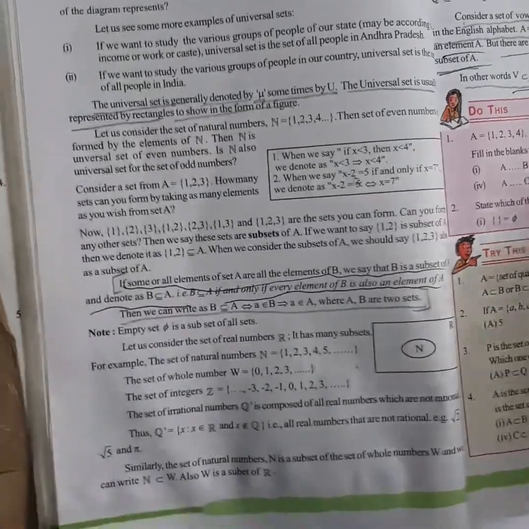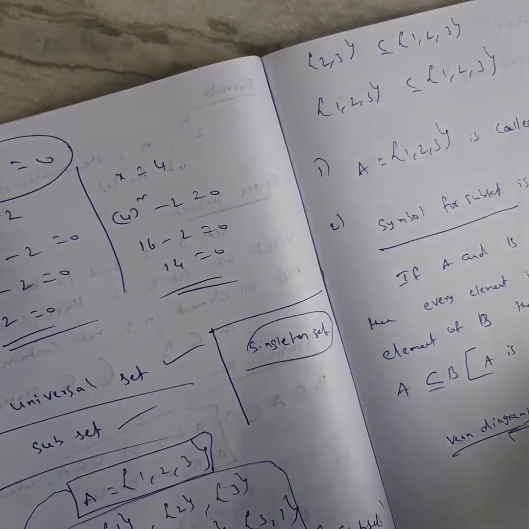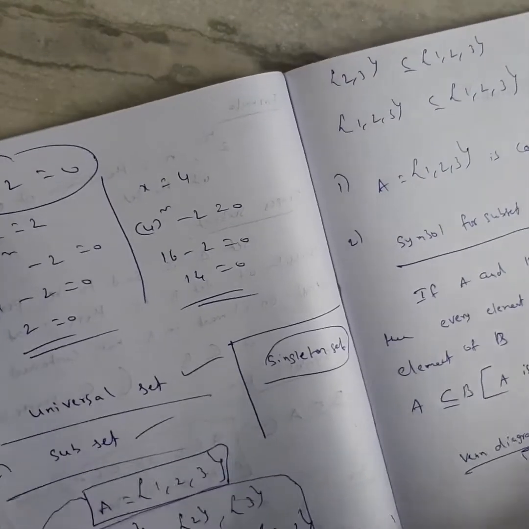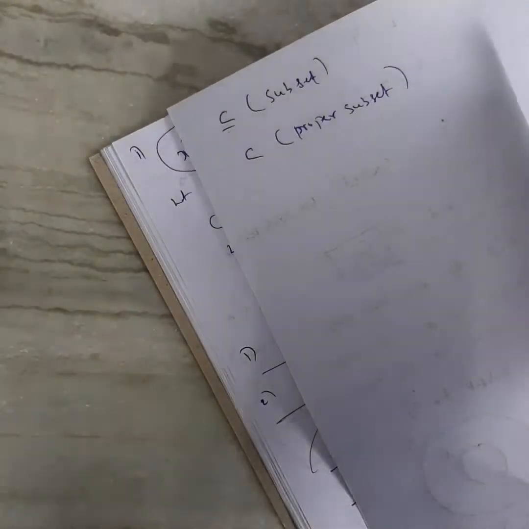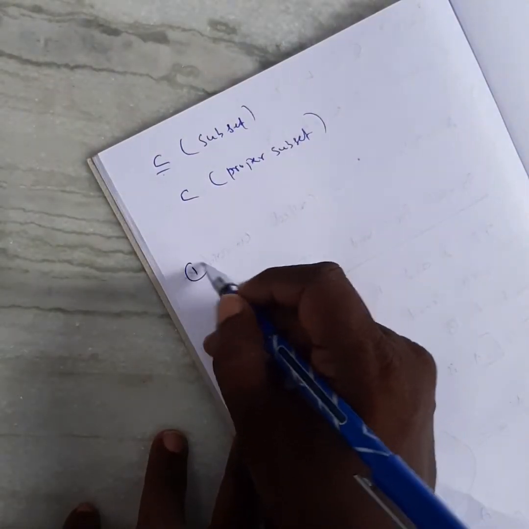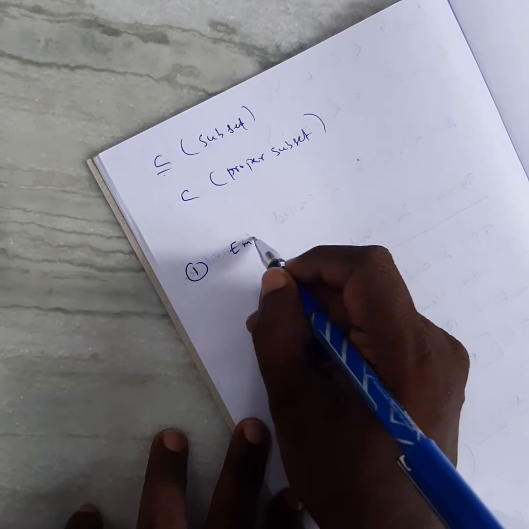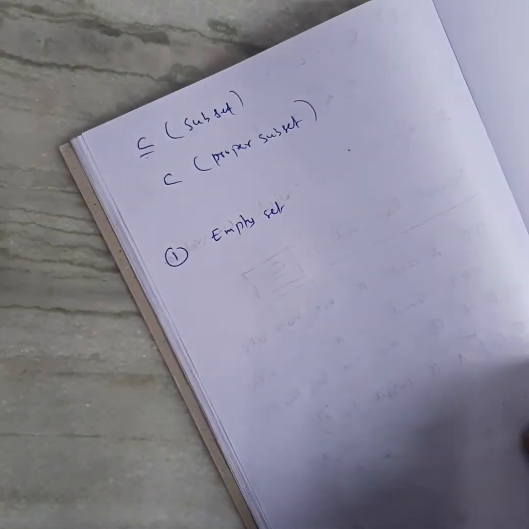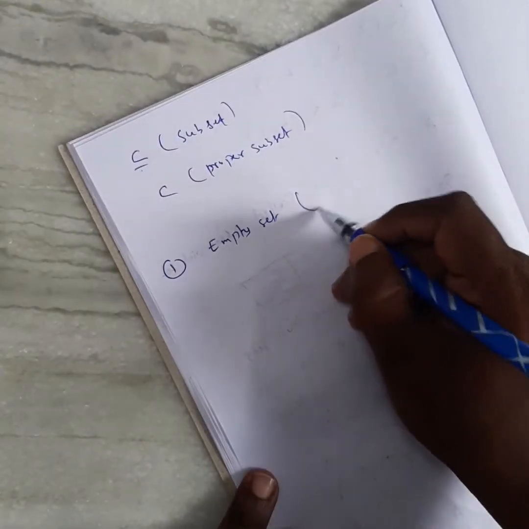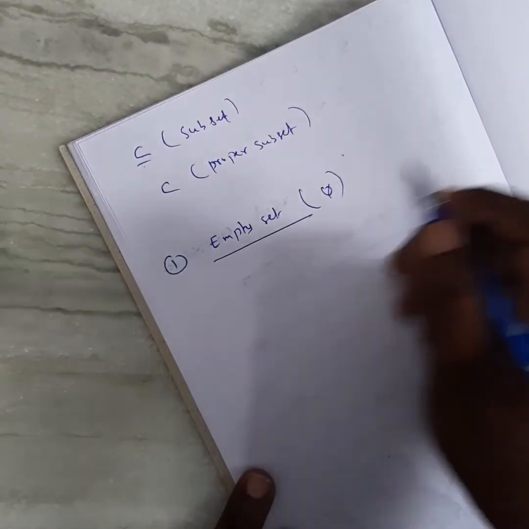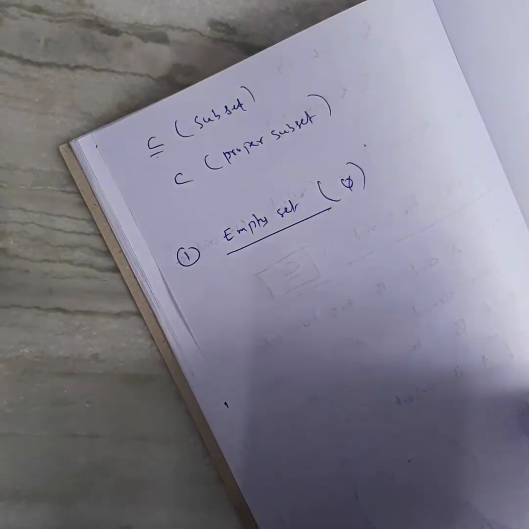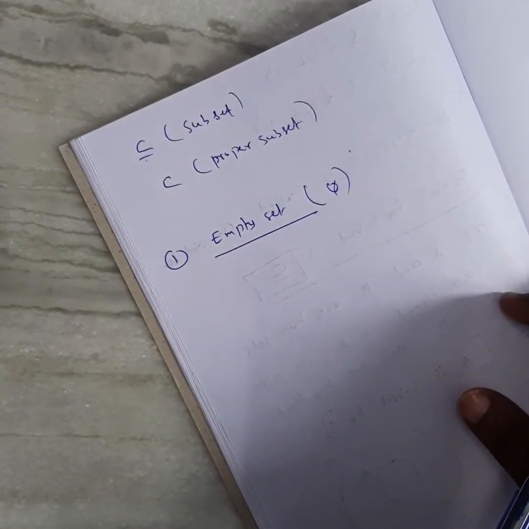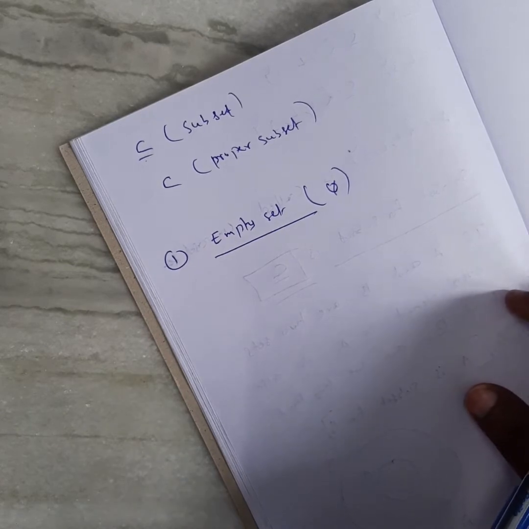So children, today I explained three definitions. What are the three definitions? Again I am reading. First, the empty set. What is an empty set? A set which does not contain any element is called an empty set, or null set, or void set.